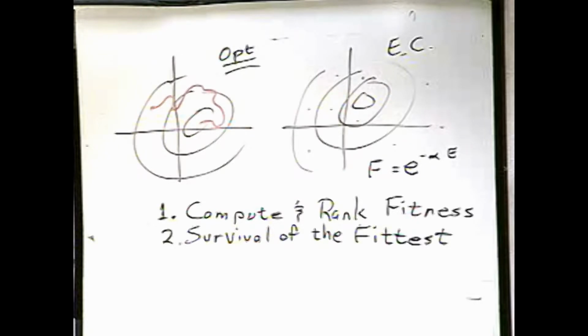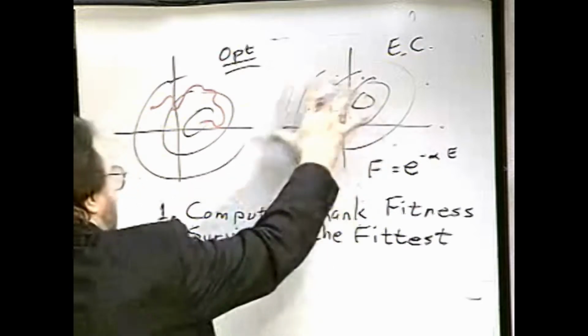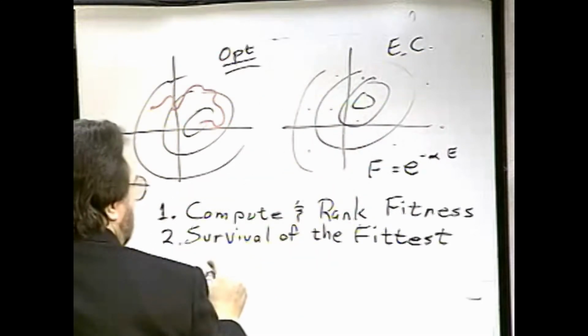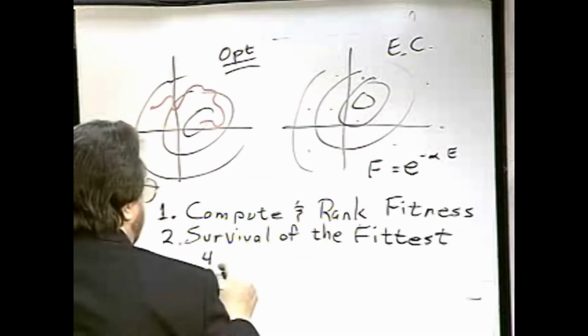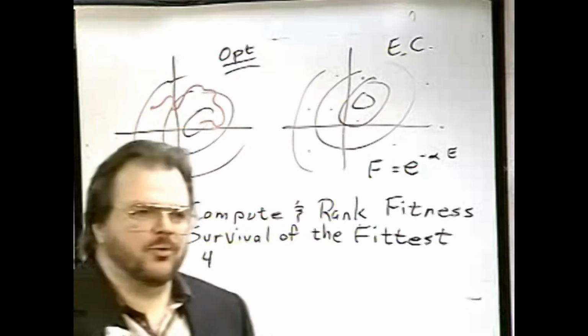And we do it in the following way. Suppose that in our population we had 4 agents. By the way, in genetic algorithms, the agents are referred to as chromosomes.